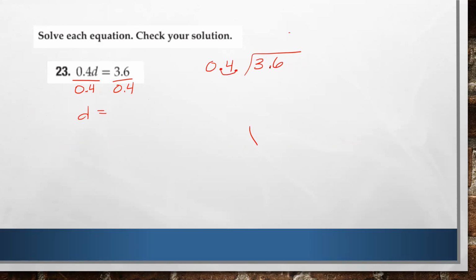If we move this decimal over once, then we have to move this decimal over once. So 4 cannot go into 3, but 4 can go into 36 9 times, and 4 times 9 is 36. So d is equal to 9, and there were no negatives to worry about in this problem, so d is just 9.